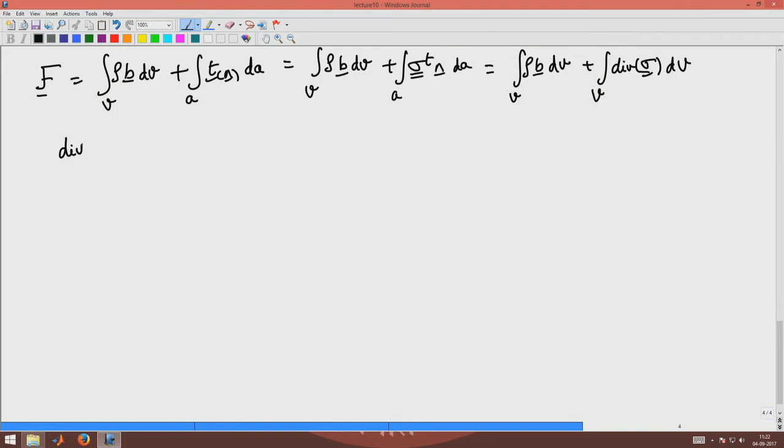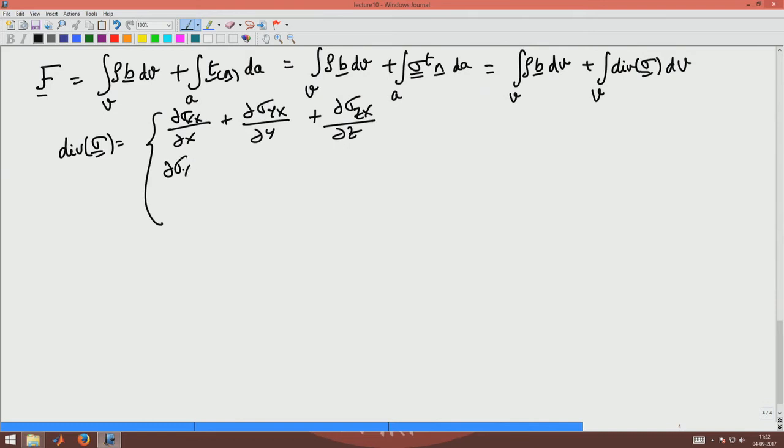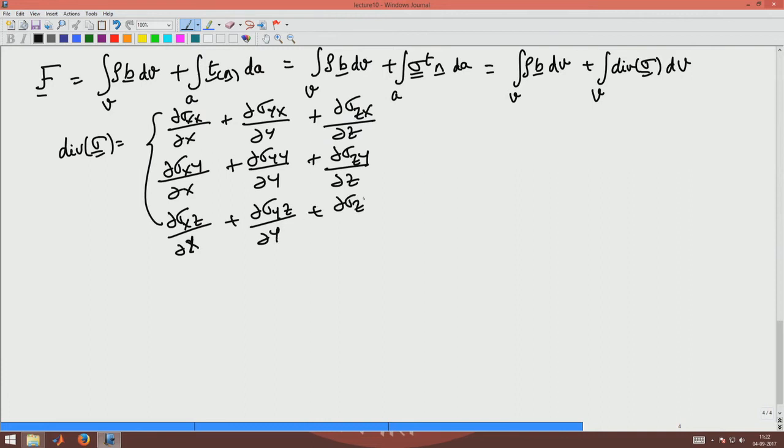Here divergence of sigma, as explained in the previous lecture, stands for this vector: dou sigma xx by dou x plus dou sigma yx by dou y plus dou sigma zx by dou z, dou sigma xy by dou x plus dou sigma yy by dou y plus dou sigma zy by dou z, dou sigma xz by dou x plus dou sigma yz by dou y plus dou sigma zz by dou z. Okay. This is what the divergence of sigma stands for, these three equations.